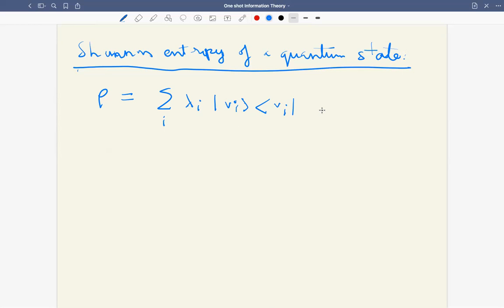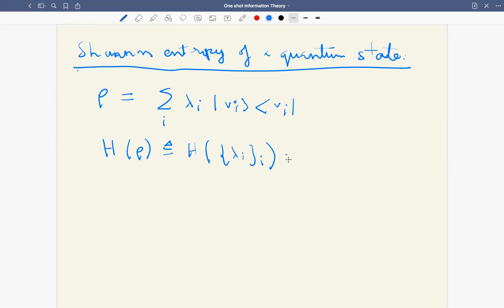For probability distributions, I know how to define the Shannon entropy, so I just use the same thing. I define the Shannon entropy of rho to be the Shannon entropy of its probability vector of eigenvalues.